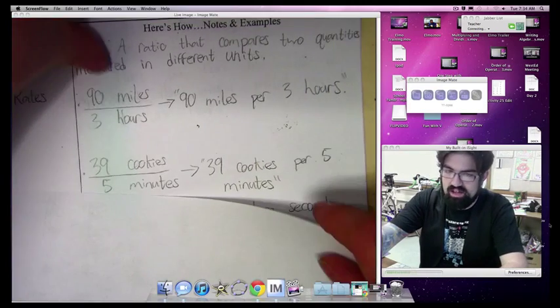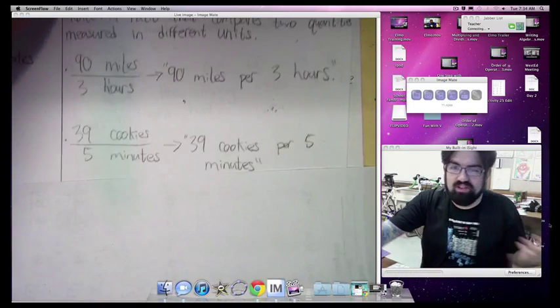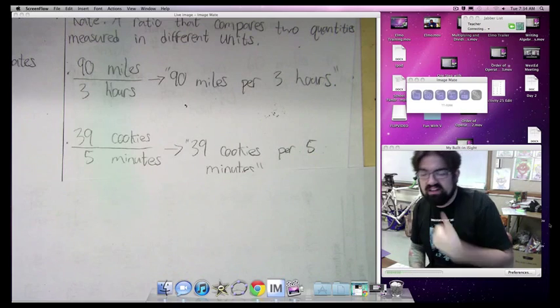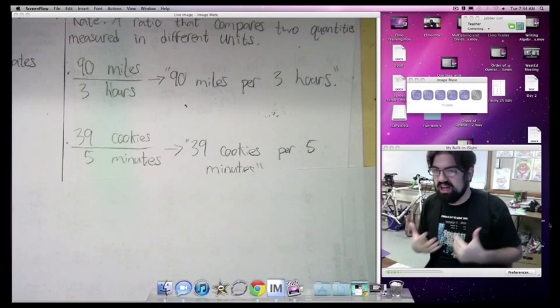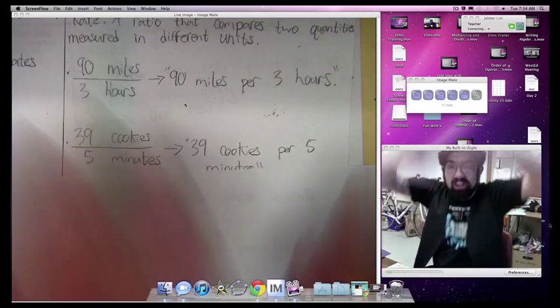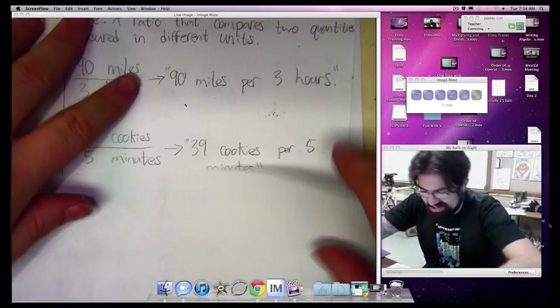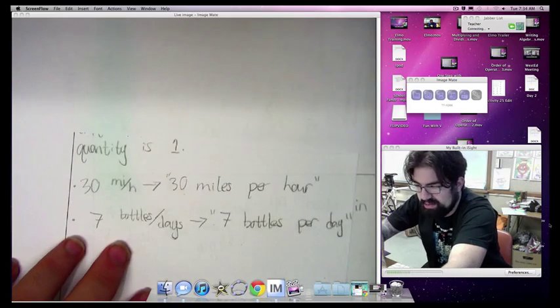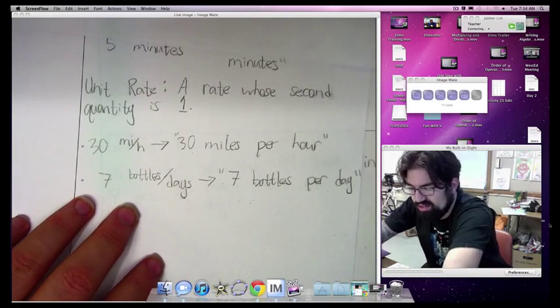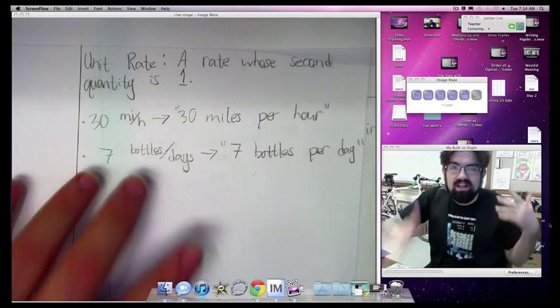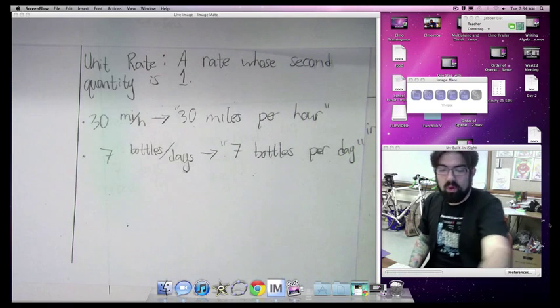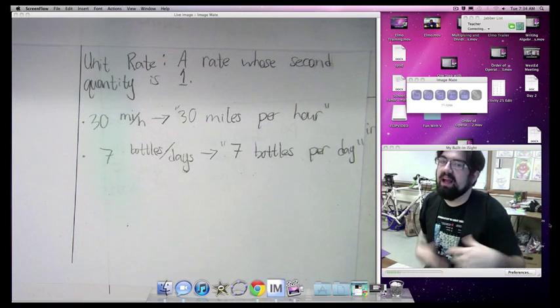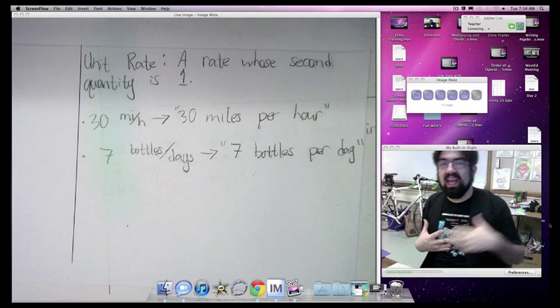Moving on. So those are rates, which I'm going to have you practice a little bit with the sentence, but that's actually not the main part. The main part is unit rates. That's what the whole section's about. We've actually used unit rates a little bit in a previous video on the distance equation, where if you remember, we compared time and distance.